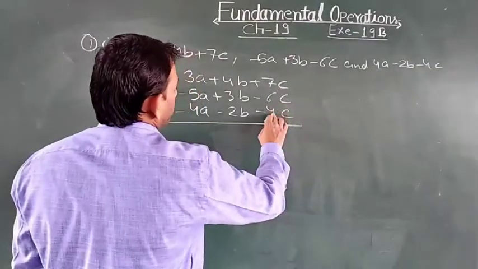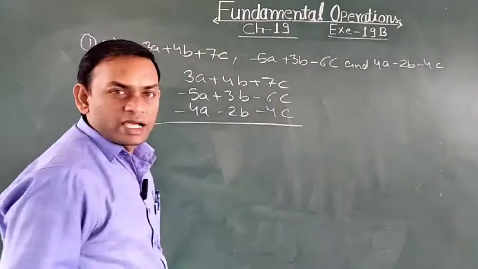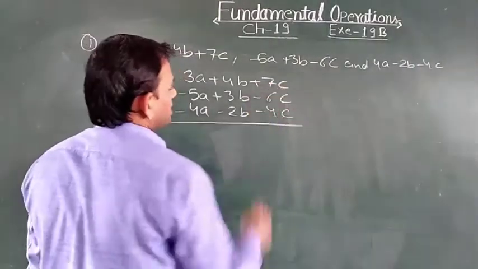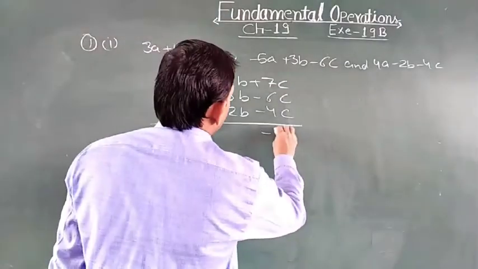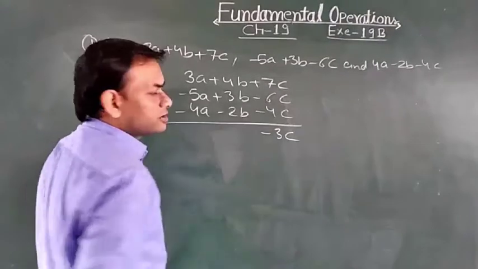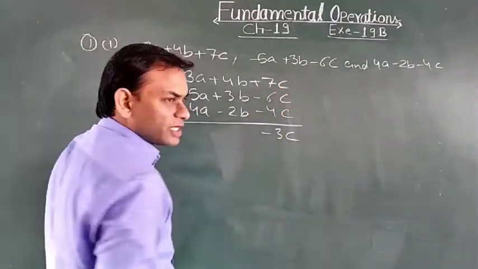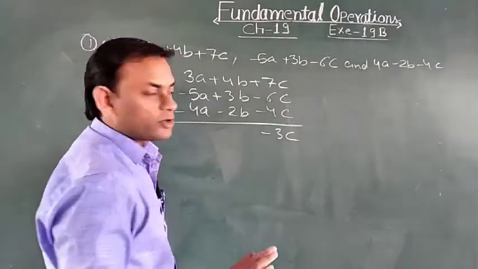Now minus 6c and minus 4c, minus 10c and plus 7c. So minus 3c will be left. Okay, minus and minus will be added, so 10c and plus 7c. So minus 3c will be left because the minus value is greater than the positive value.